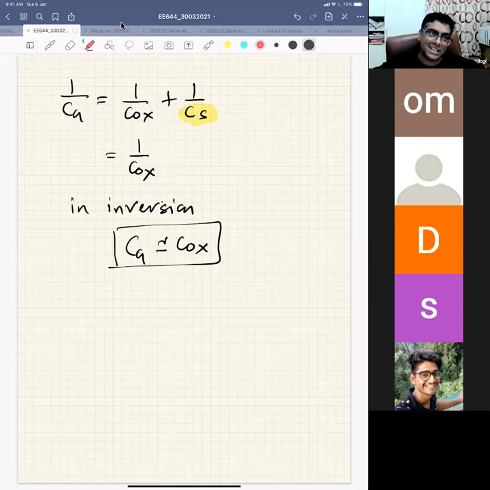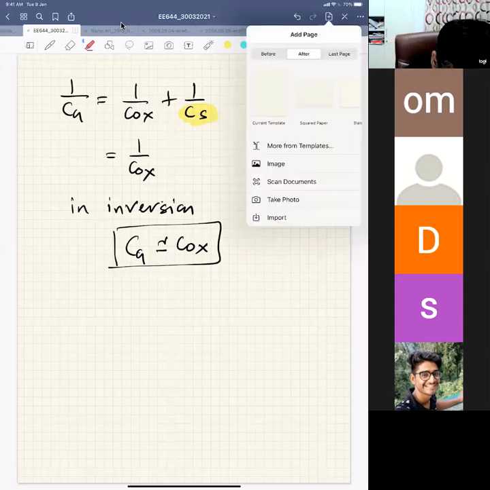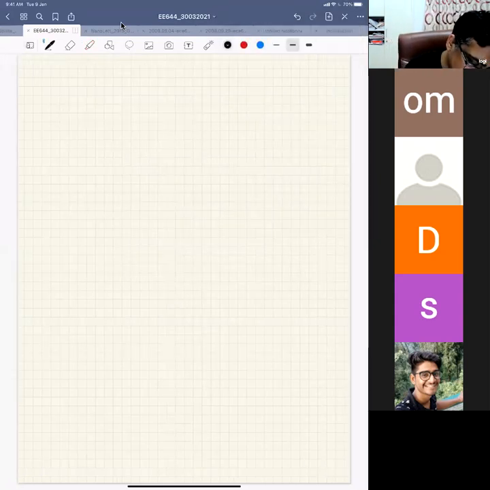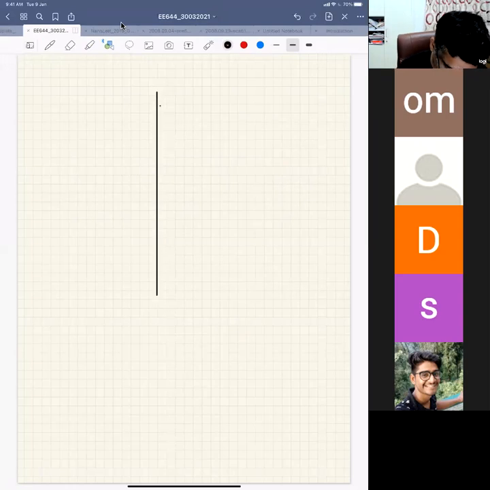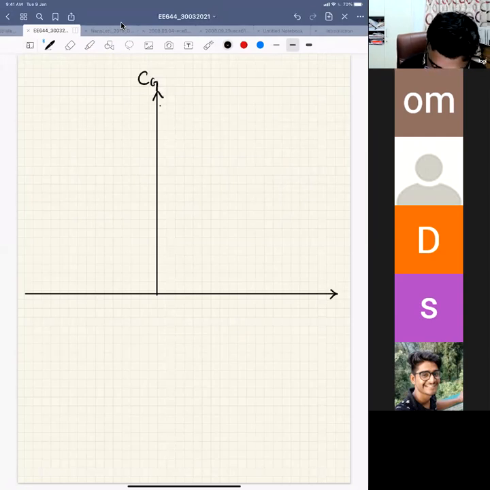And there is a change in between, right? So now let me plot this. This is my gate capacitance, and this is my VG.